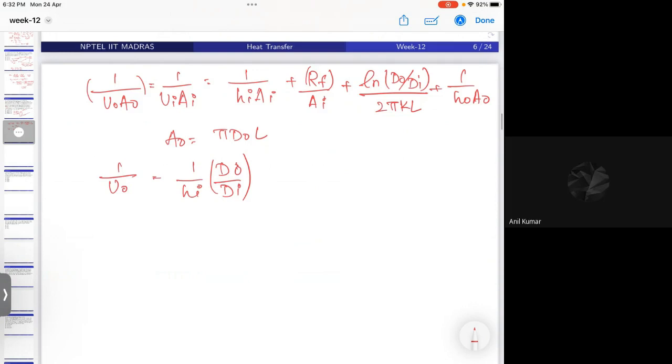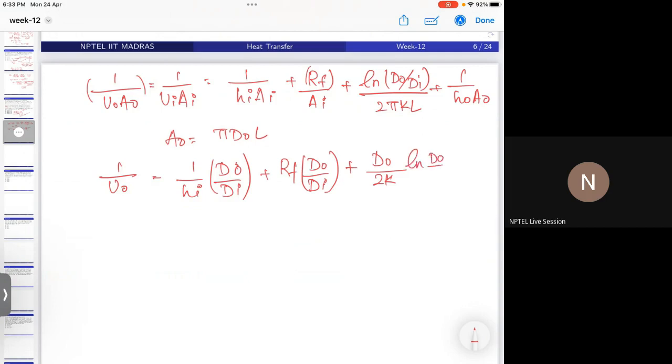Okay, so 1 by Hi times Do by Di, plus Rf times Do by Di, plus Do ln(Do/Di) by 2K, because pi and L will cancel out, plus 1 by Ho. So this is the equation.